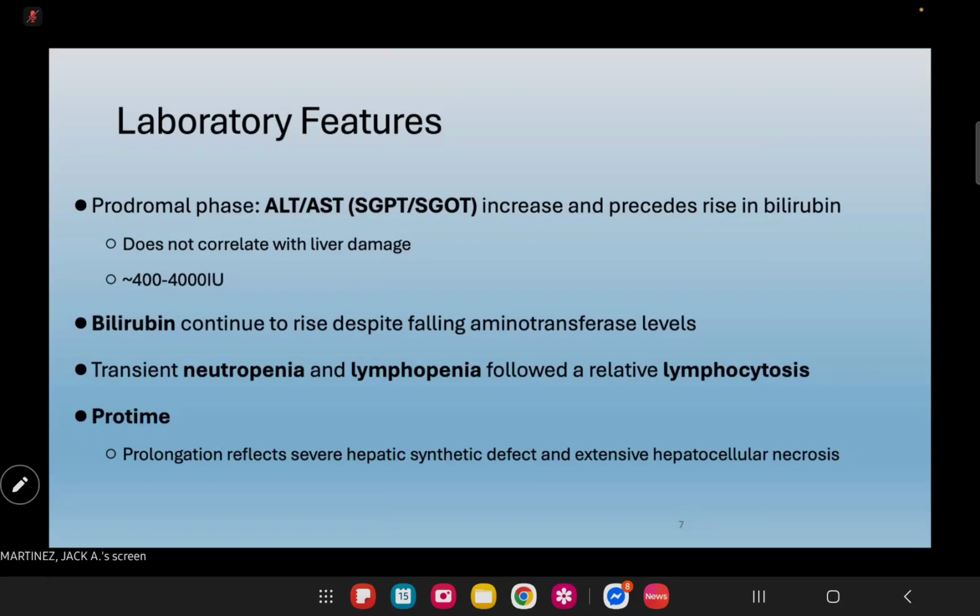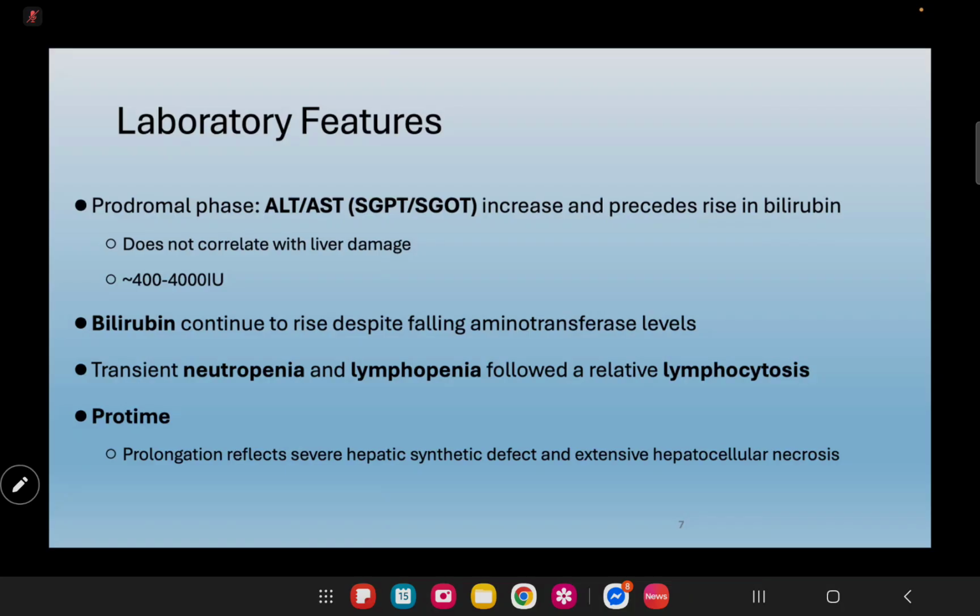It doesn't mean that if you have a very high SGPT, a very high SGOT, the severity is also high. Though you may expect elevation, its value does not reflect the extent of the liver damage. Take note of that.